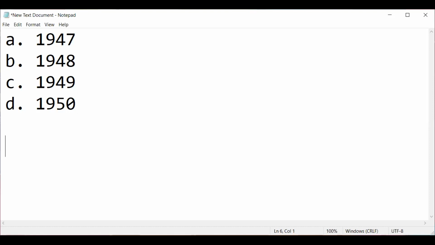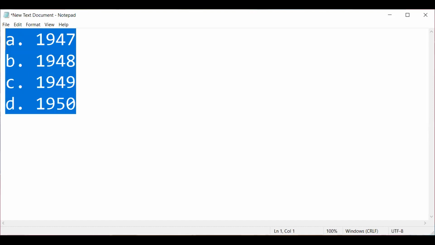Now, for example, here I am giving certain rules for designing an MCQ. I have taken an example.